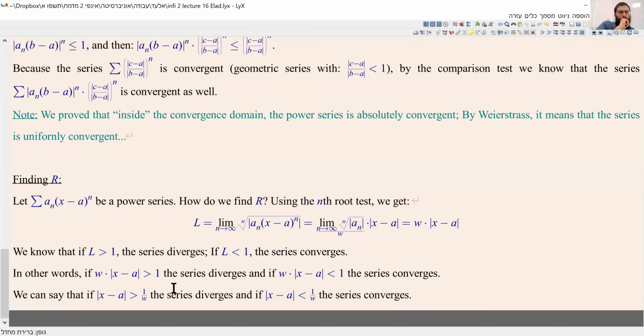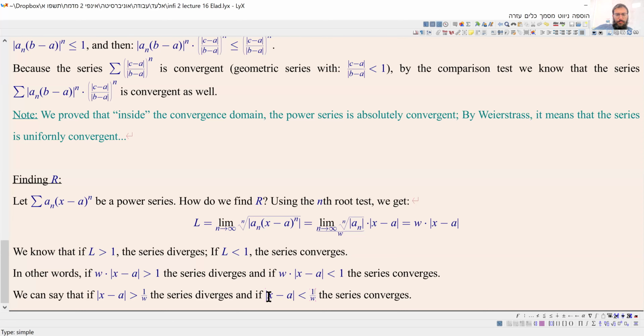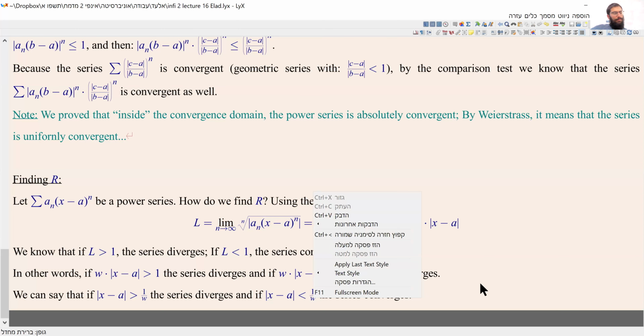But notice something. What is x minus a in absolute value smaller than 1 above W?